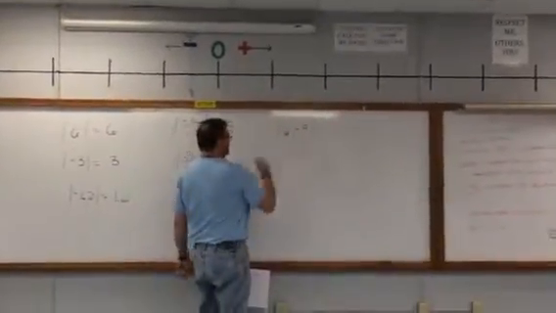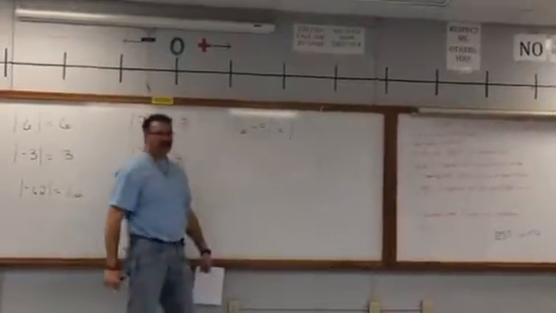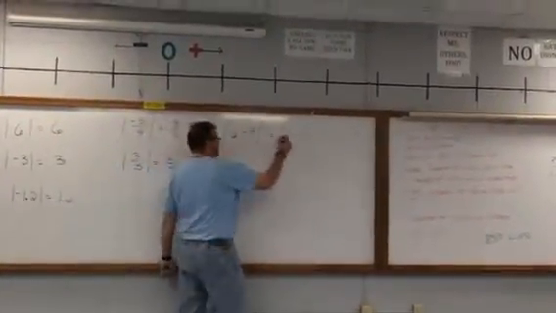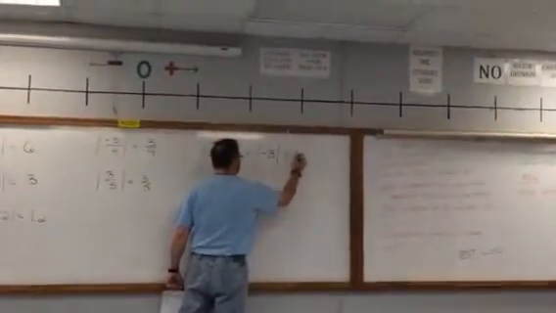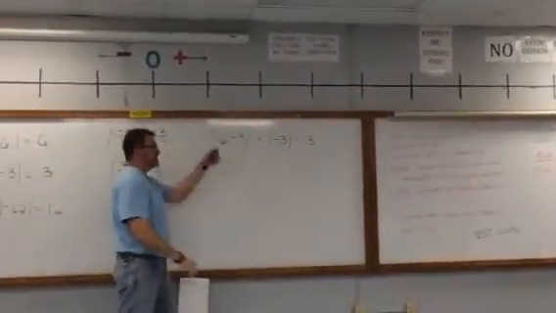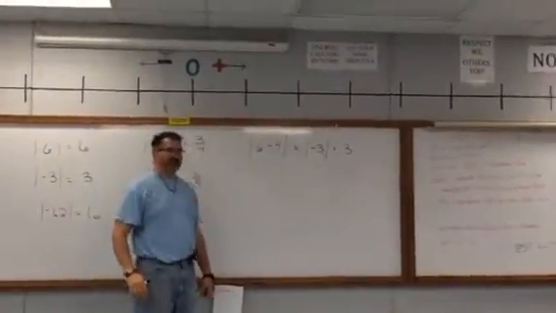So I can't do anything with this until I carry out the 6 minus 9 part. That's -3, and then that gives me a positive 3 because absolute value always produces a positive number.